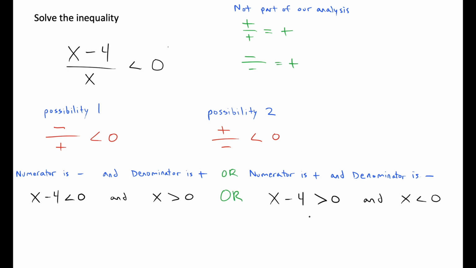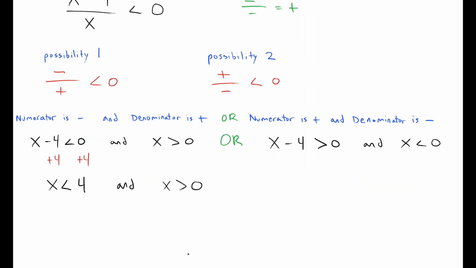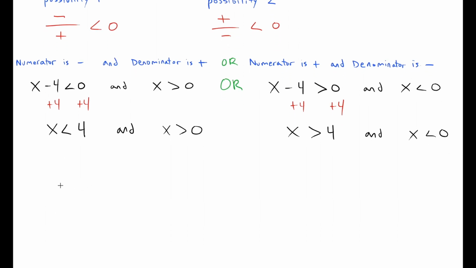Now let's solve each of the inequalities. This one's already solved. And we could do the right side as well. Okay, now I'm going to graph each of the individual results.